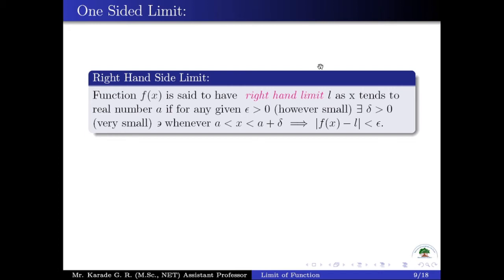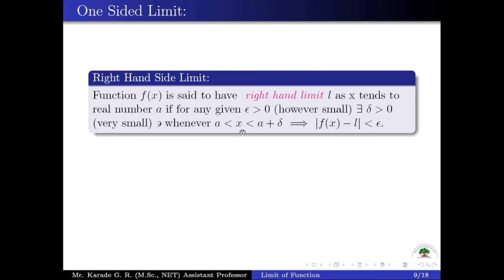So see here, L is a right hand limit of function f of x as x tends to a. In this case x is tending to a, or we say x is approaching a from the right hand side of a. As delta is a very small positive quantity, a plus delta is greater than a, and x lies between a and a plus delta.